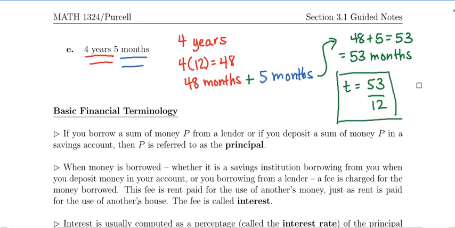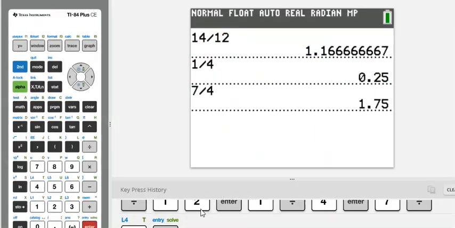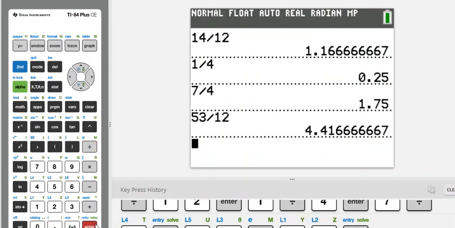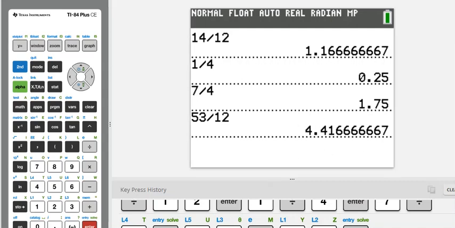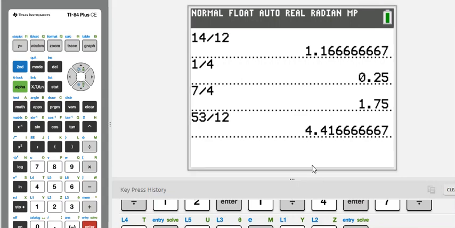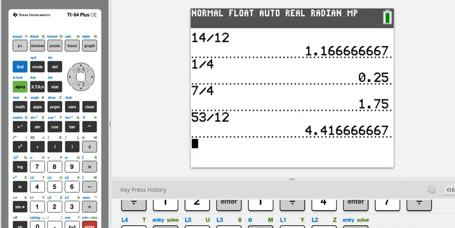And like I said, because this is just over 4 years, if you look at a calculator, 53 divided by 12, it's 4 point something. The decimal part is the 5 months. Again, if you chose the decimal version, you would have to carry all of these digits. So that is how you handle a combination.